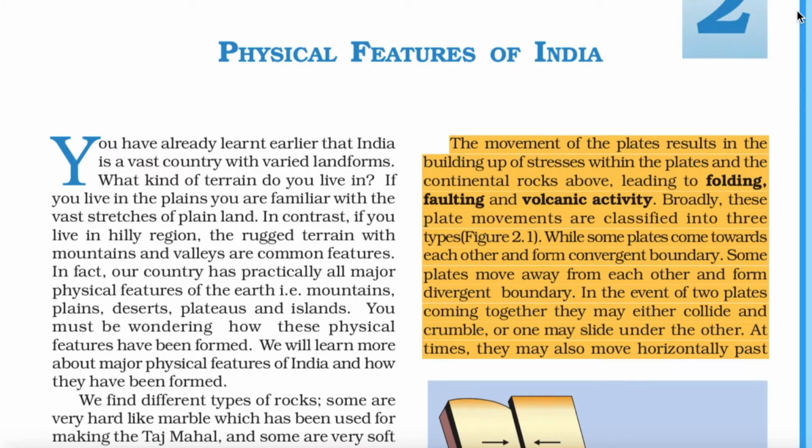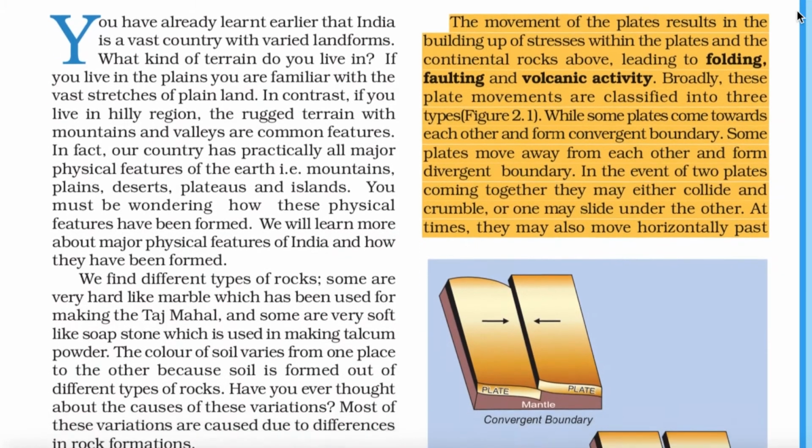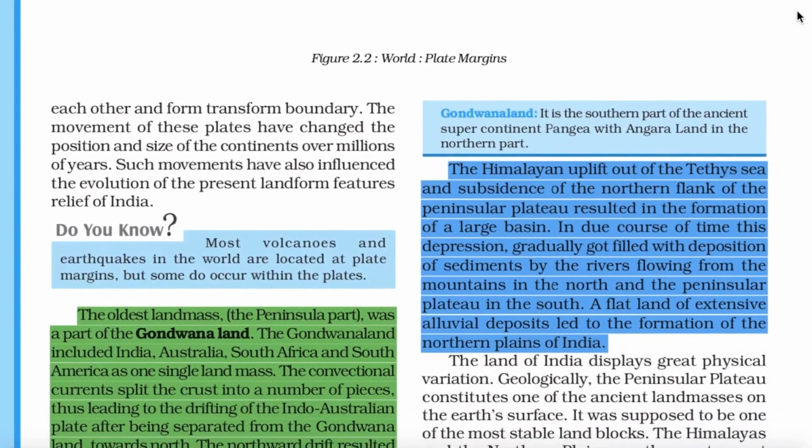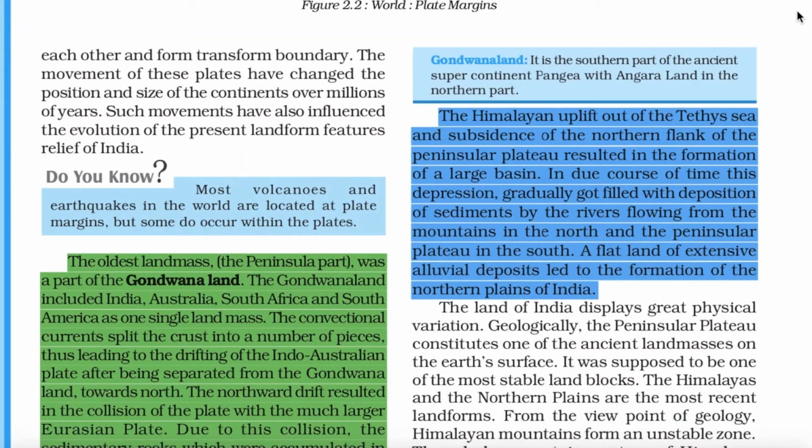At times, they may also move horizontally past each other and form a transform boundary. The movement of these plates has changed the position and size of the continents over millions of years. Such movements have also influenced the evolution of the present landform features and relief of India.